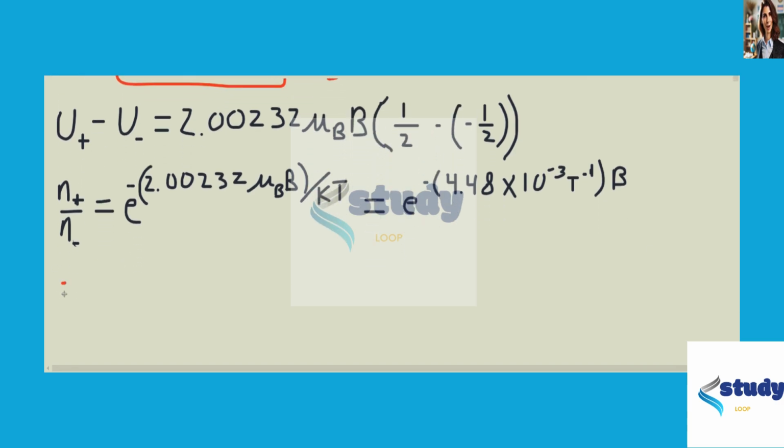So for part A, we are told that the magnetic field B is equal to 5 times 10 to the minus 5 Tesla.